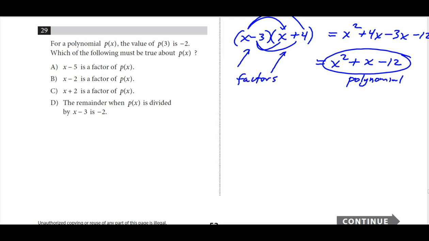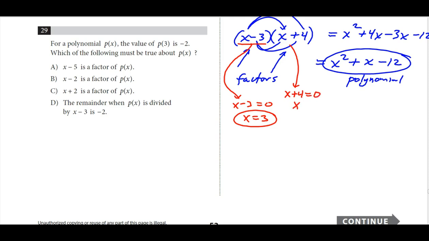Now there is a relationship between the factors of a polynomial and the solutions of a polynomial. For instance, this little phrase right here, x minus 3, equals 0 when x equals 3. And same thing for this other one over here, x plus 4 is a 0.